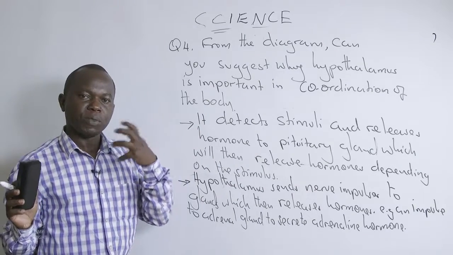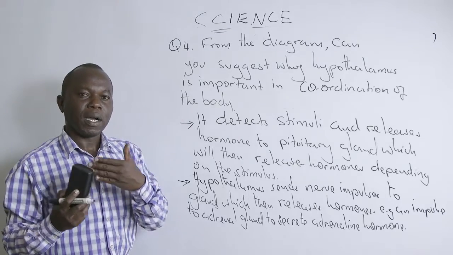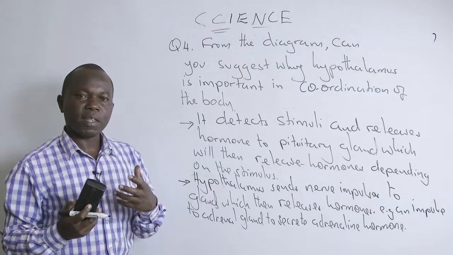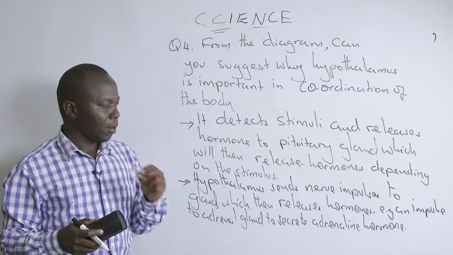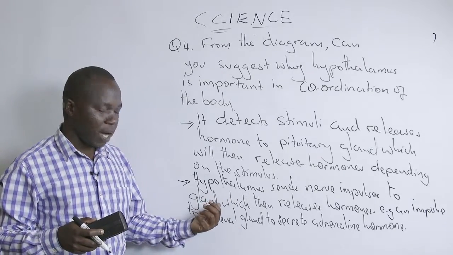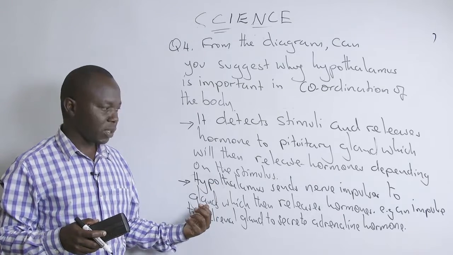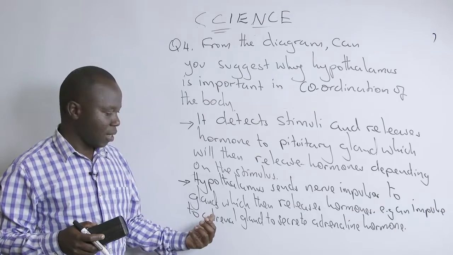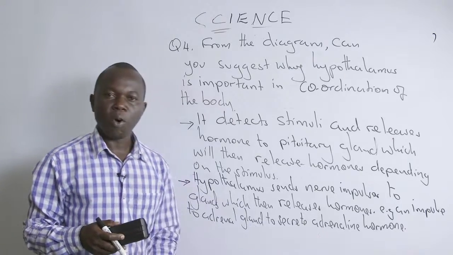But now the cerebrum, together with the hypothalamus, will come up with a motor response. That motor response will be sent to the adrenal gland. The hypothalamus sends an impulse to the adrenal gland, and in the process, the adrenal gland will secrete adrenaline hormone.